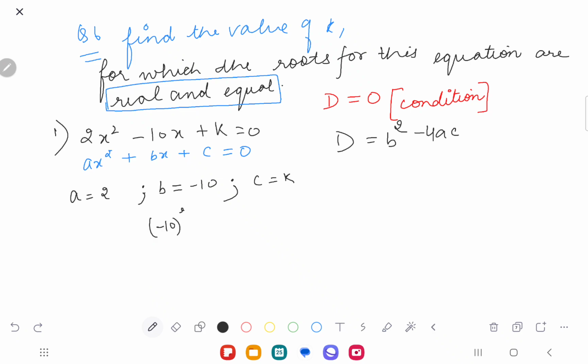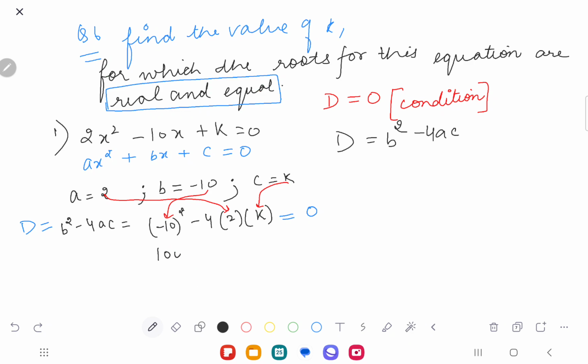Minus 10 whole square minus 4ac. I am going to put in the values here. Everywhere b square minus 4ac. So b is going to be minus 10, 4, a, and c. And I have to put it equal to 0 because that's my discriminant. And the discriminant should be 0 for the real and equal roots.